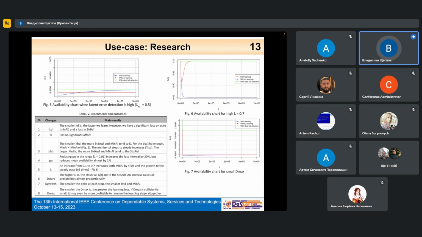And finally, an interesting case in figure 7 is when the maximal availability point after learning is almost the same as the starting point. That means learning gives almost no effect, and in that case, it may be even more profitable not to do it.